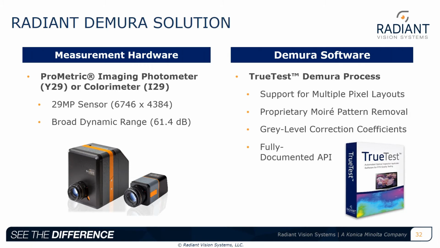Second, removal of any systematic errors introduced by Moiré or aliasing. Third is the introduction of gray level coefficients that vary based on the input level. And finally, to ease integration for production lines, we support a fully documented API.